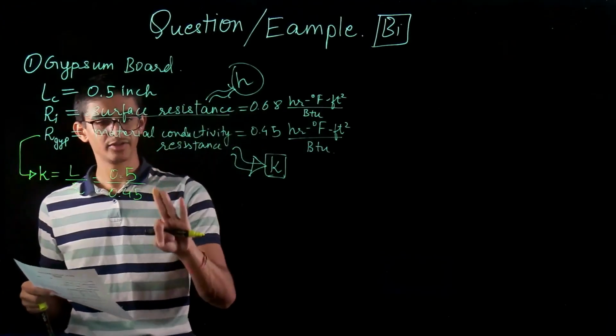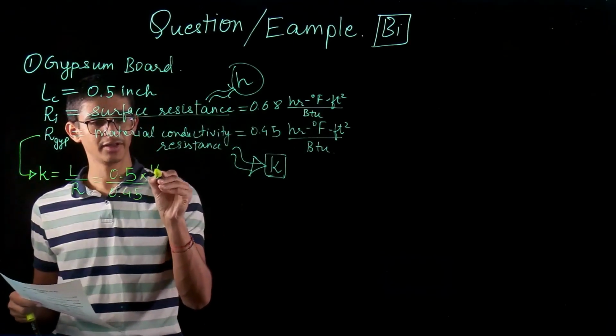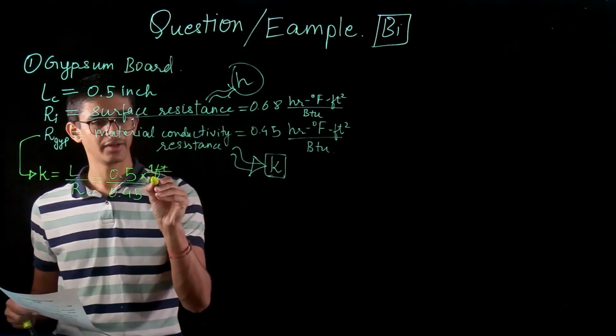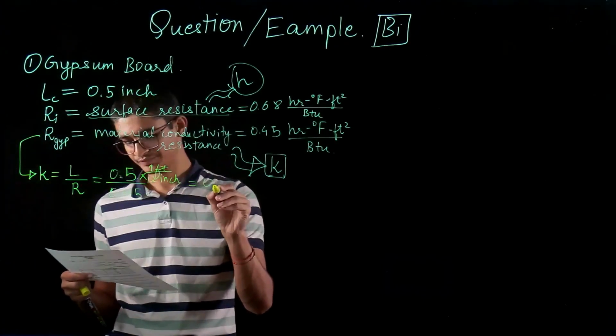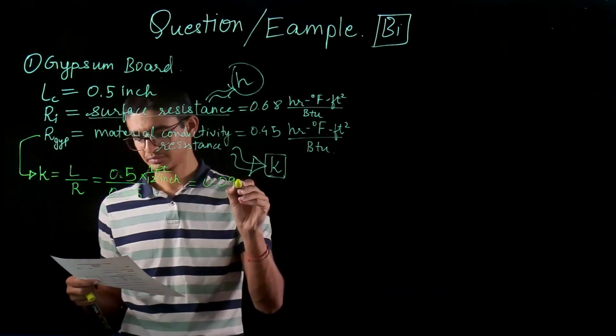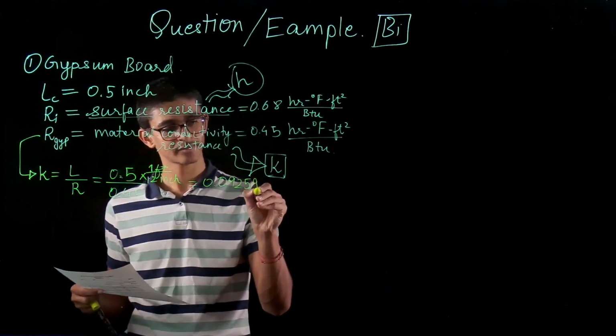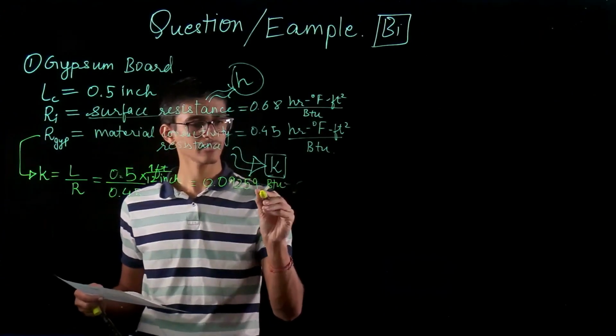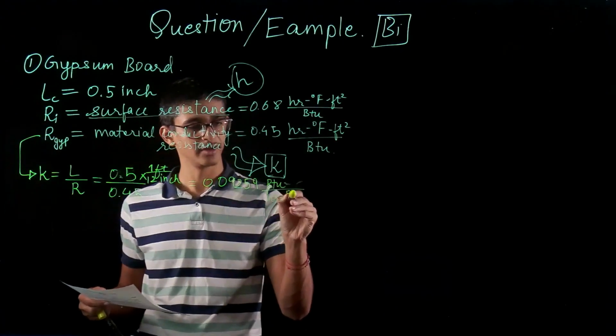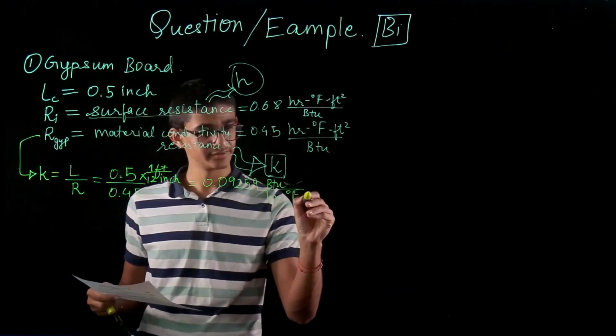So I also need to multiply this by 1 feet by 12 inches, and my value becomes 0.09259 BTU per hour degree Fahrenheit feet.